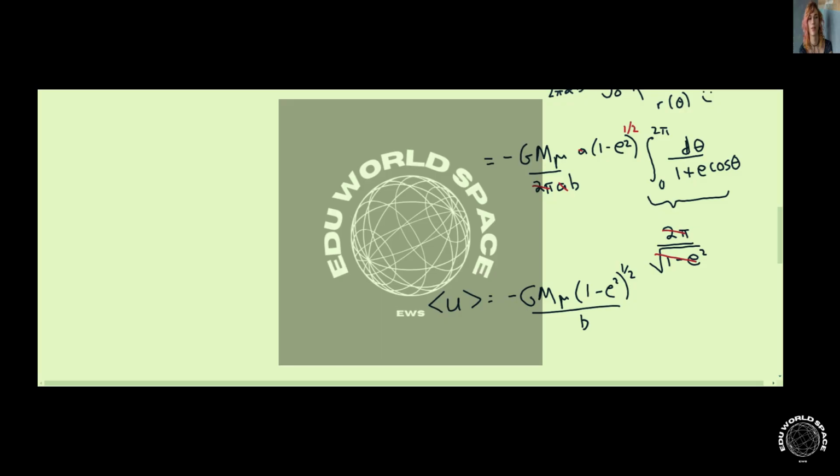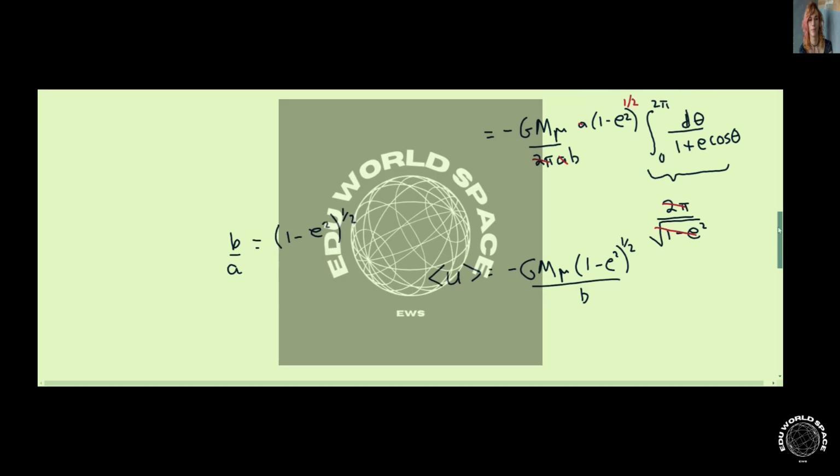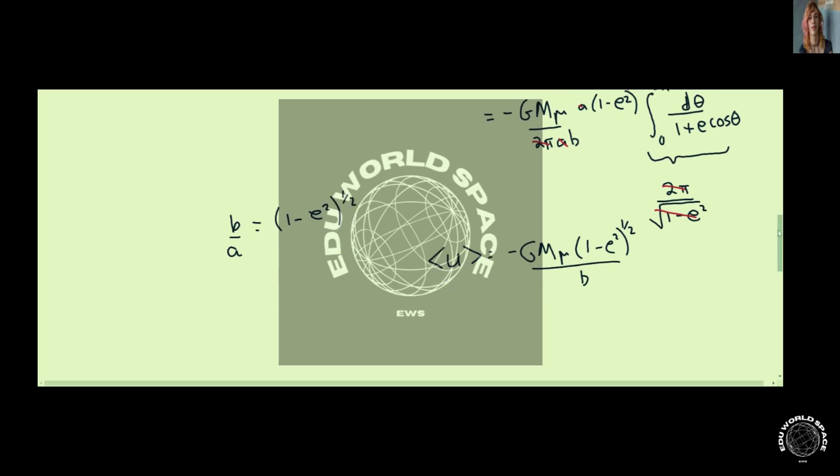And here's the real fun: you might not have remembered this, but the ratio of the semi-minor to the semi-major is 1 minus the eccentricity squared to the 1/2. And that does come from the Pythagorean theorem and definition of the eccentricity, but we won't get into that geometry.